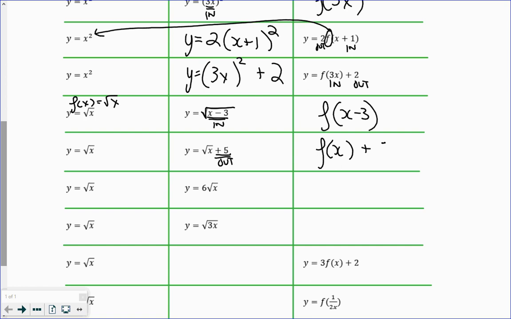So then I write plus 5 on the outside of the function. Here again, this 6 is on the outside, whereas this 3 is on the inside. So it's going to be 6 times f of x, or just 6 f of x. Whereas this one is going to be f of 3x.